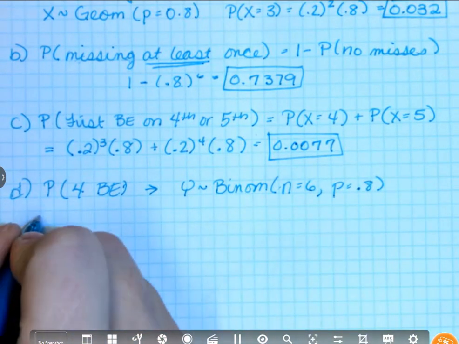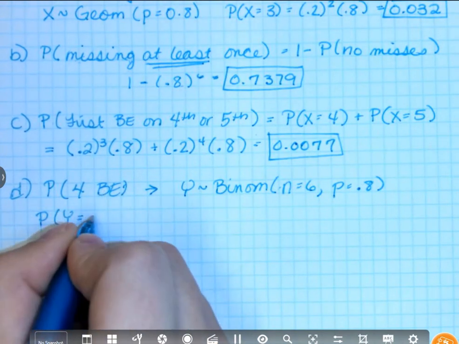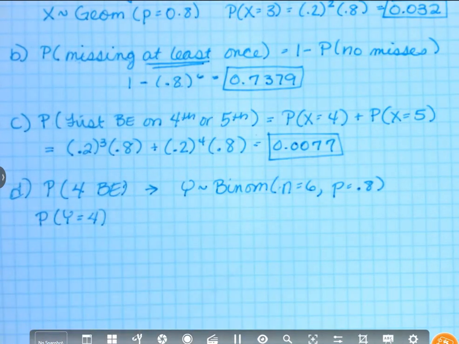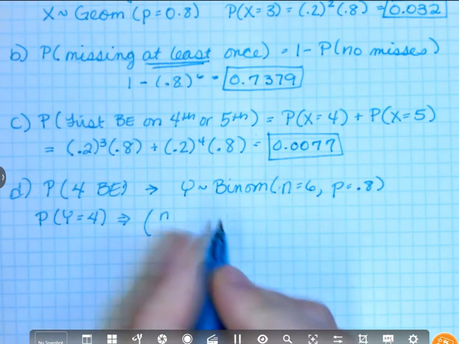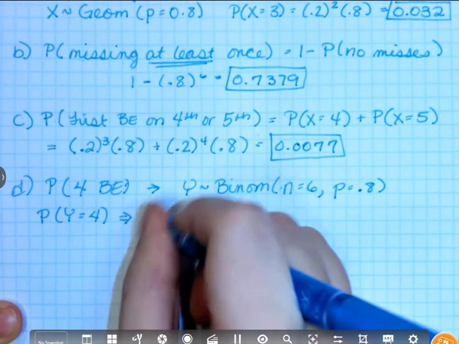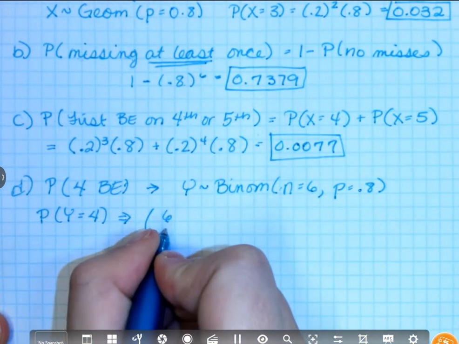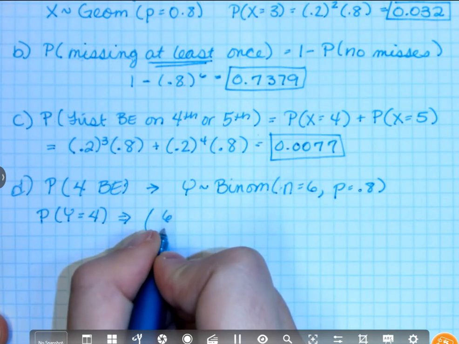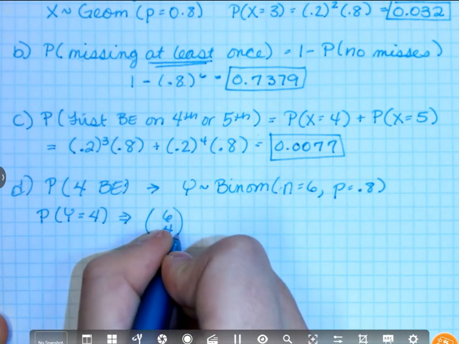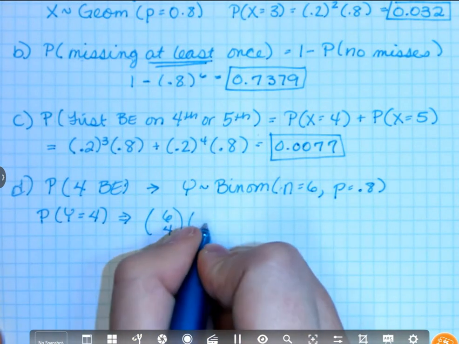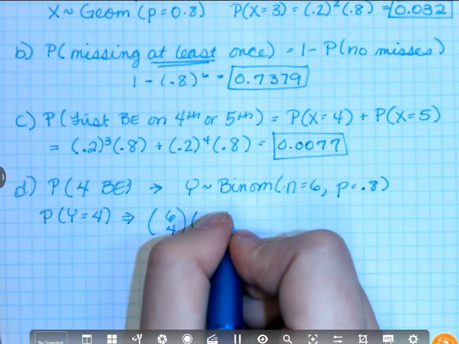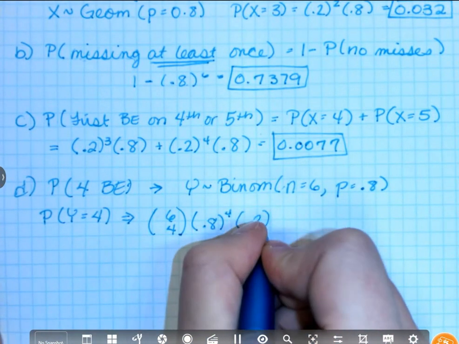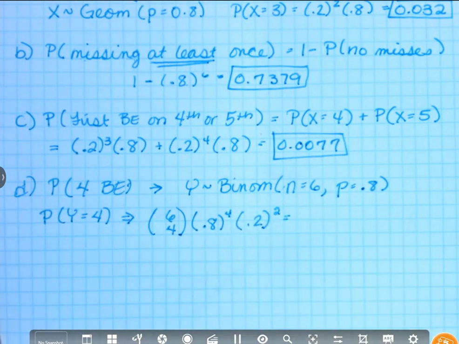And P was 0.8. So the probability that I got exactly 4 successes out of that is going to be N, what was N? 6. C, what? What number goes in here, do you think? 4. Which means I had how many successes? 4 successes, and how many failures? Do you see what I did there?